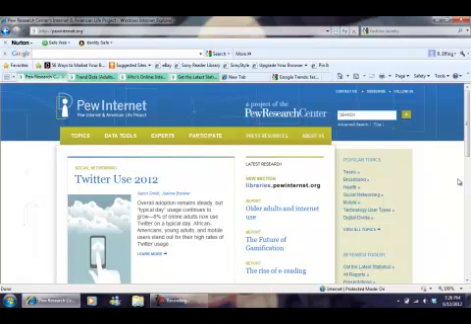The pewinternet.org is created to analyze and present information on American trends. This is a cost-free resource that is filled with reports, statistics, data analysis, so this will help you to identify the demographics of your potential target customer group.